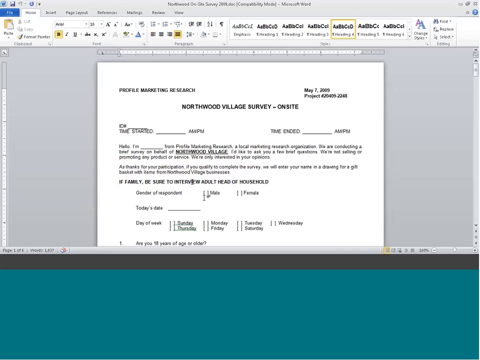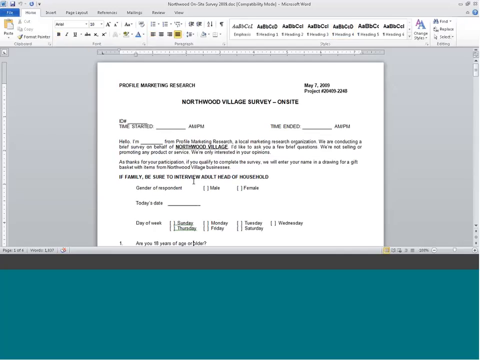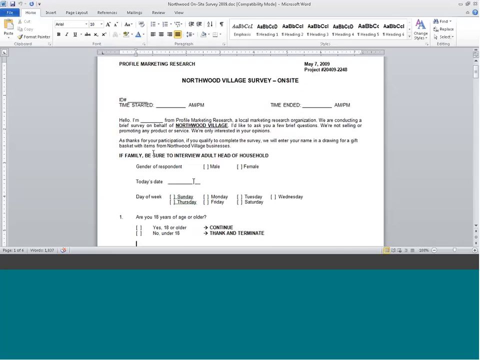So let's go down a little bit and talk about some of the survey elements in the questionnaire here. The first thing you'll see here is an instruction to the interviewer, and we know that it's an instruction because it's in all caps, and it's bolded. Here it's telling the interviewer, if you're interviewing a family, be sure to interview the adult head of household.